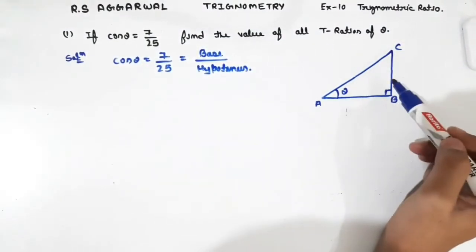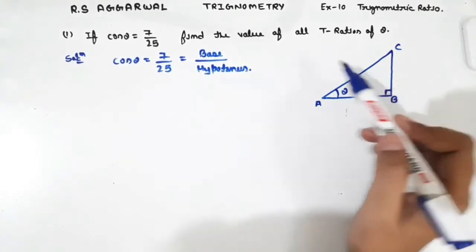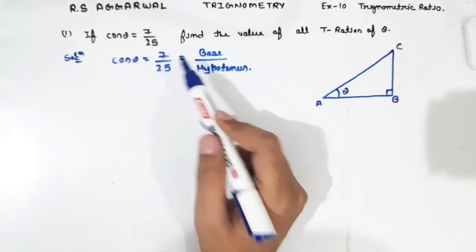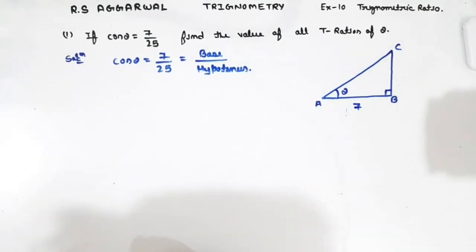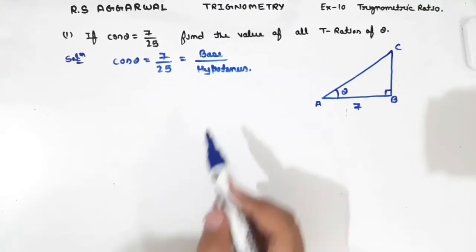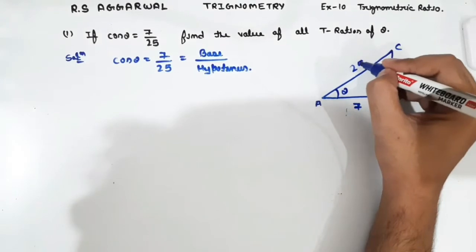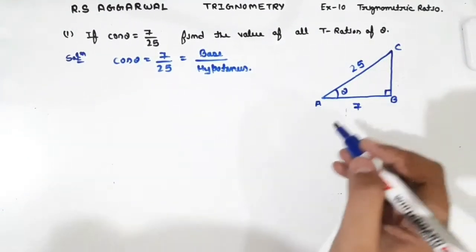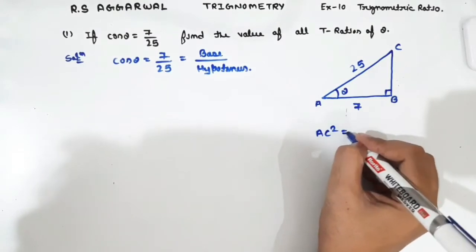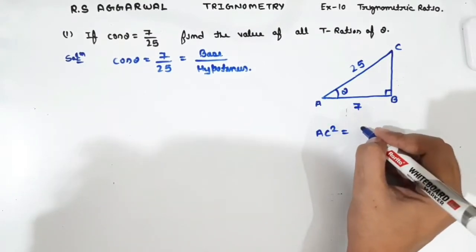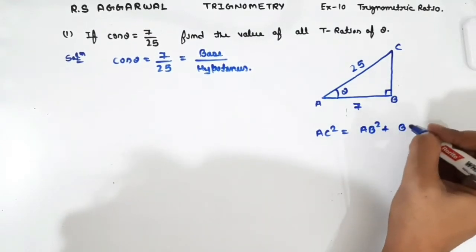So let's draw a right angle triangle and consider angle A as theta. So with respect to theta, our base is 7. So base will be 7 and hypotenuse will be 25. So in right angle triangle, we know that hypotenuse square is equals to base square plus perpendicular square.